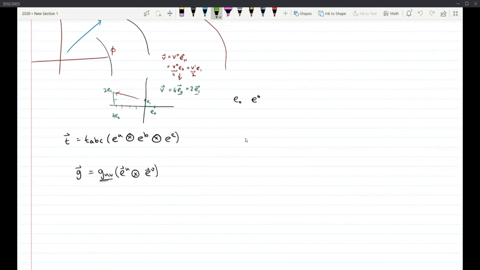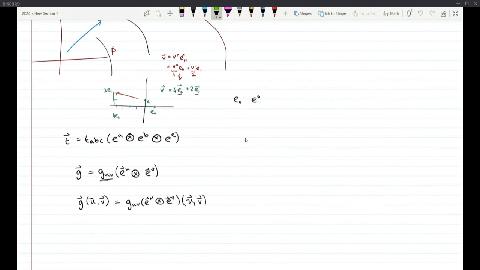So can anyone guess? If I had two vectors that are input into this, which is G of U and V, right? What do I get from this? Well, this is now G mu nu E mu cross E nu, and to this I add the two vectors that I'm feeding it.